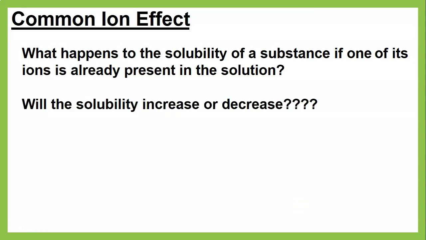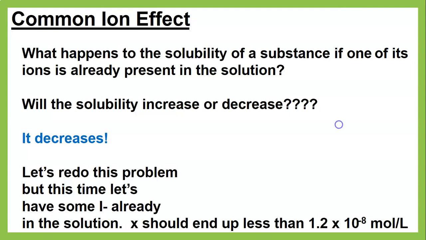So stop and think, pause the video, and try to figure out whether you think this would affect the solubility by increasing it or decreasing it. All right, if you already have an ion present in solution, think about Le Chatelier's principle. It's not going to want to make a bunch more if there's already something present. So it's going to decrease the amount of your solid that can dissociate.